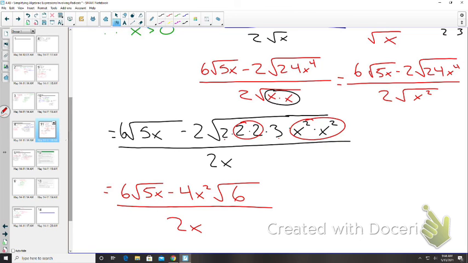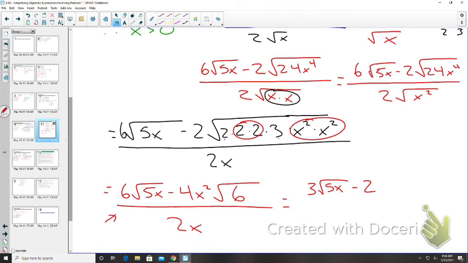Okay, we can reduce this fraction. So 6 divided by 2, that will become a 3 root 5x, minus 4 divided by 2 is 2.